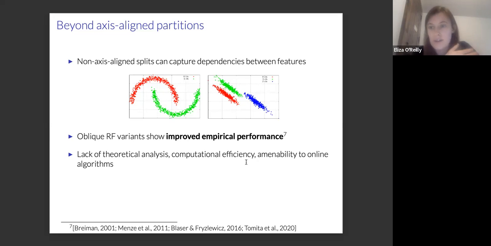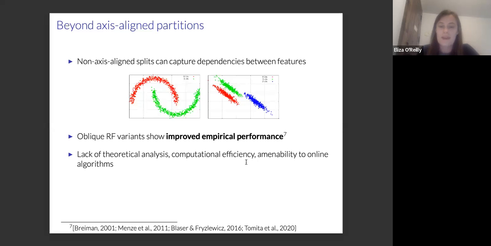And they all show improved empirical performance in a number of experiments over axis-aligned versions. However, there's even more of a lack of theoretical analysis of these variants. There's also increased computational costs and a lack of amenability to online algorithms for most of these variants.